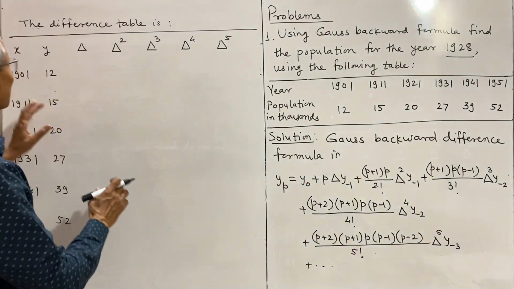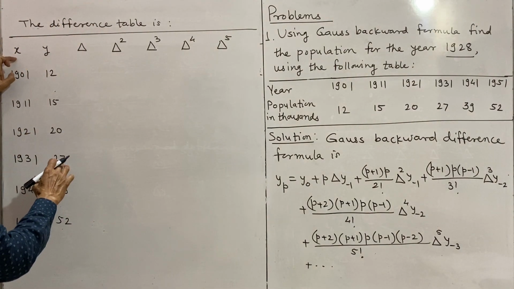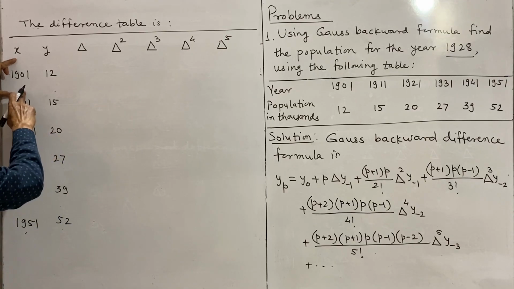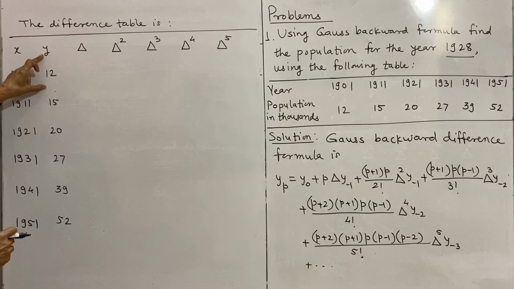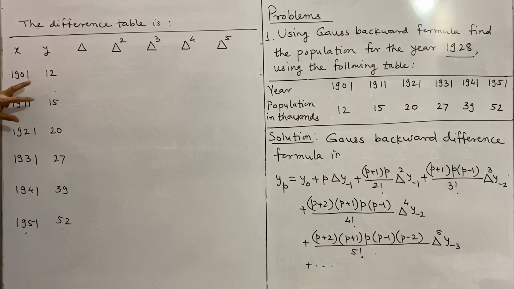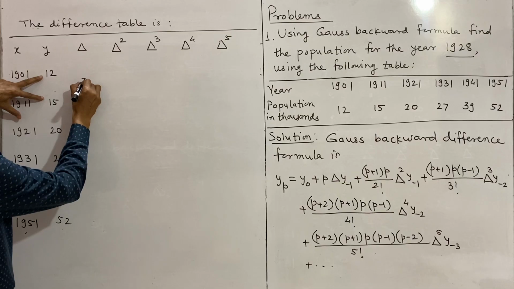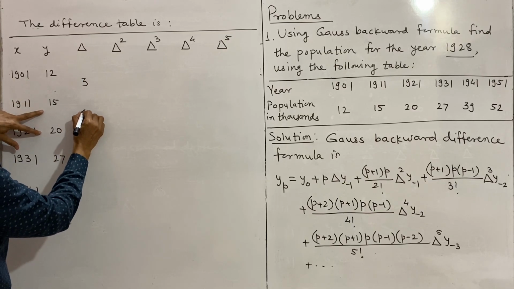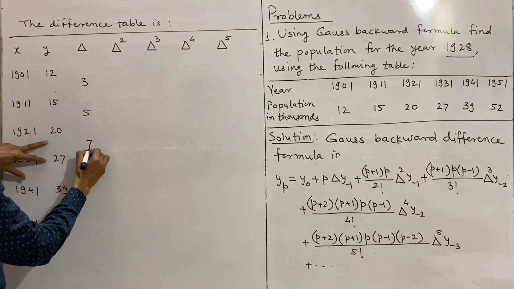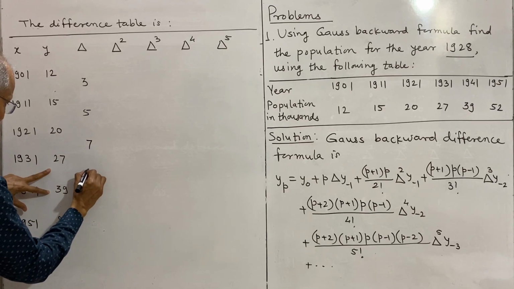And now I have constructed the difference table, some part of the table here. We have written the value of year as x and population in thousand as y. Now we shall find the differences: 15 minus 12, that is 3, this is 5, this is 7, and this is 12.